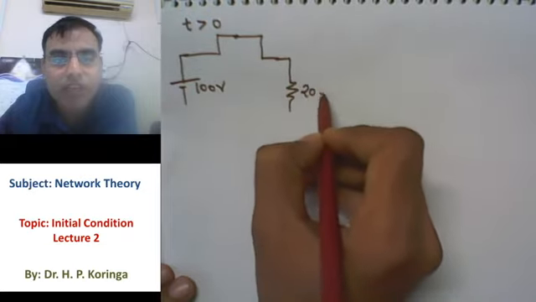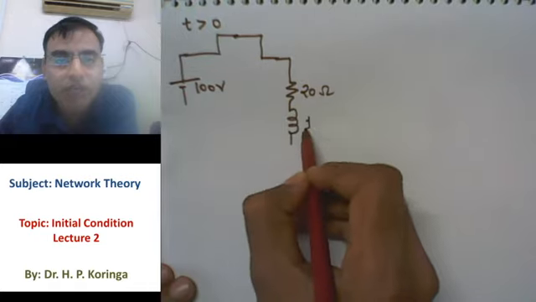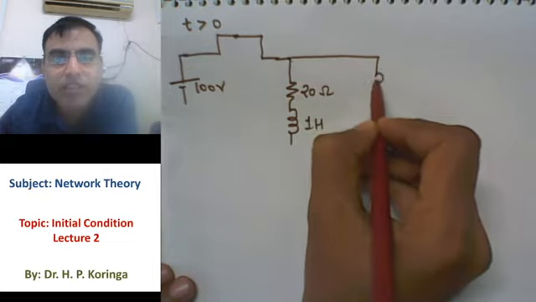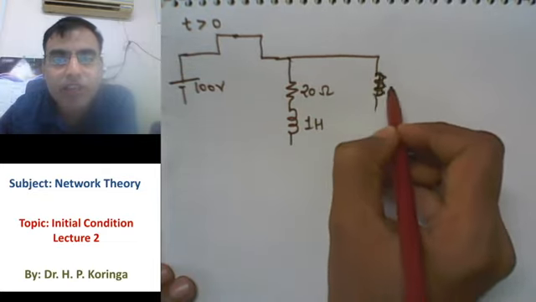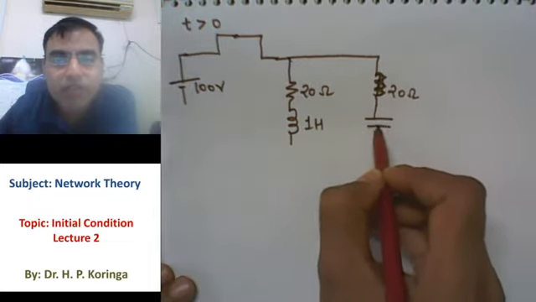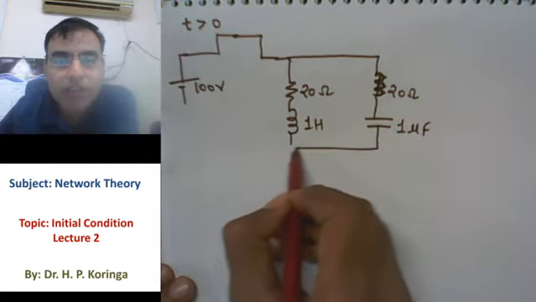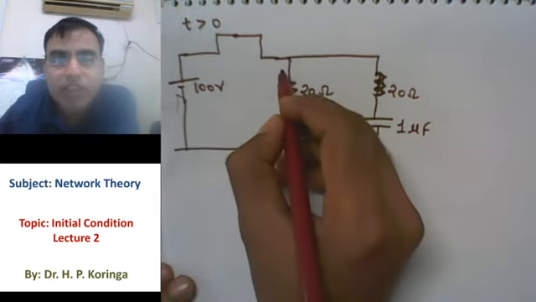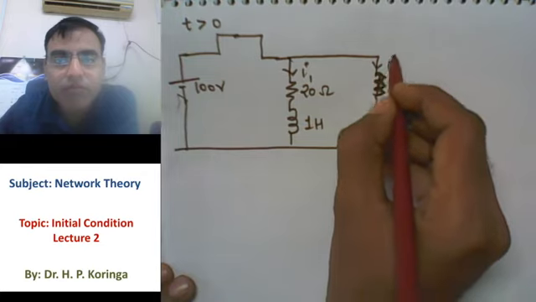Here we have the 20 ohm resistance in series with an inductor of 1 henry, and in this branch the resistance value is 20 ohm in series with a capacitor of 1 microfarad. Our interest is this current I1 and here it is current I2.